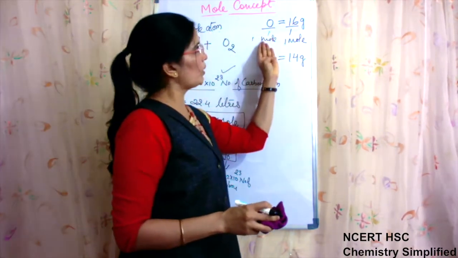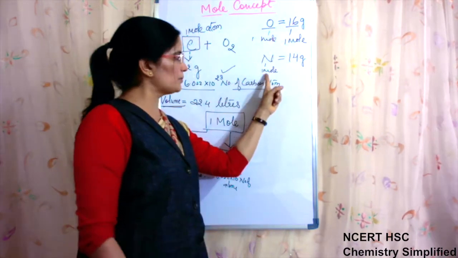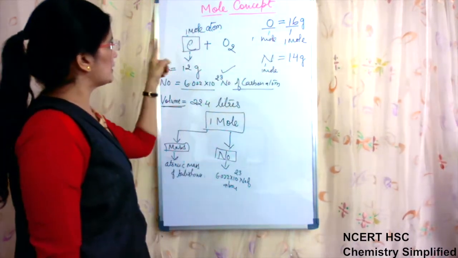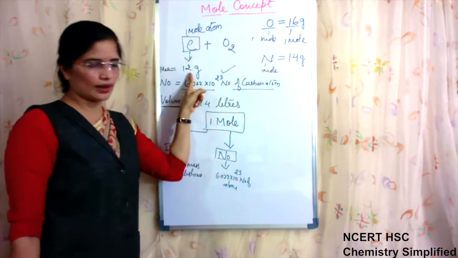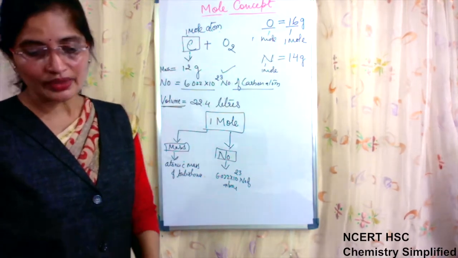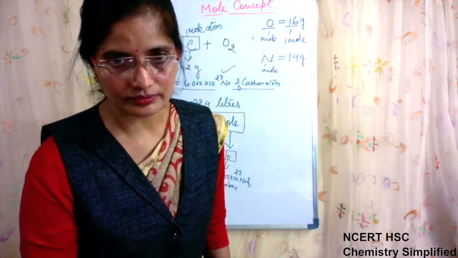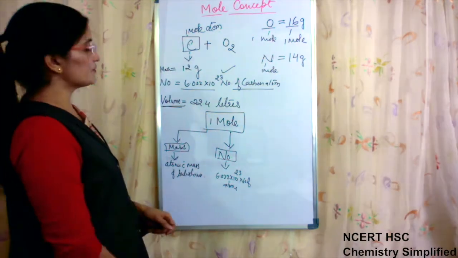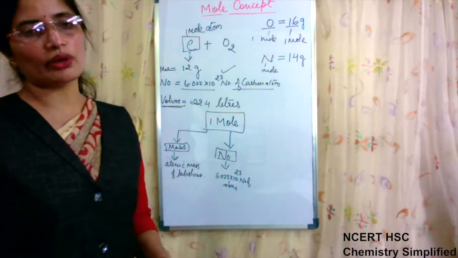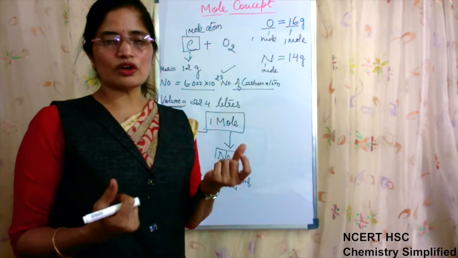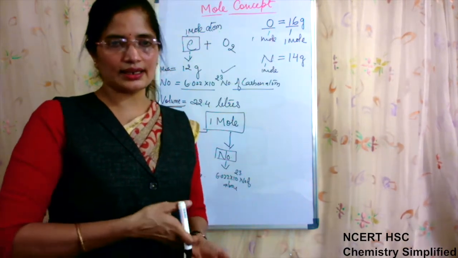And this 1 mole has mass 16 grams, this 1 mole has mass 14 grams, and this 1 mole has mass 12 grams, because their masses will be different. Why will it be different? Because the sizes of their atoms are different, just like we compared grapes and apples.